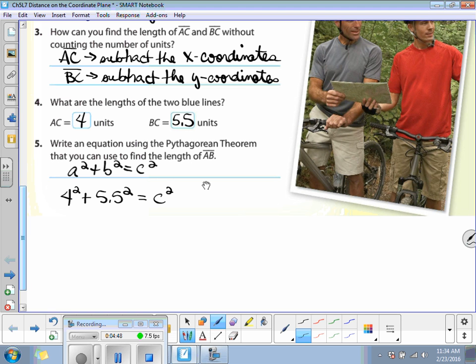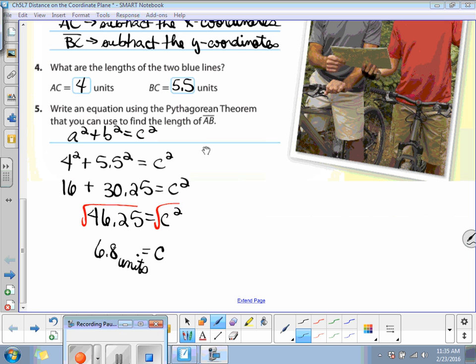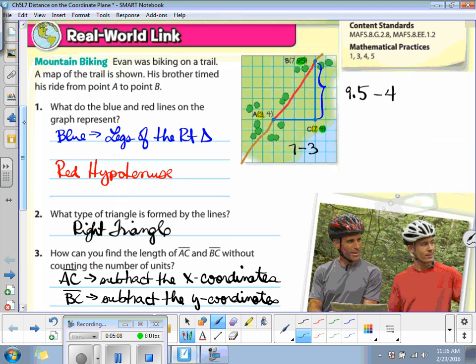And then to solve for c, we just simplify. There you go. So once you simplify, then we end up with 6.8 units, and that's the value of c, which is the distance of the red path. Is everybody clear? All right, very good.